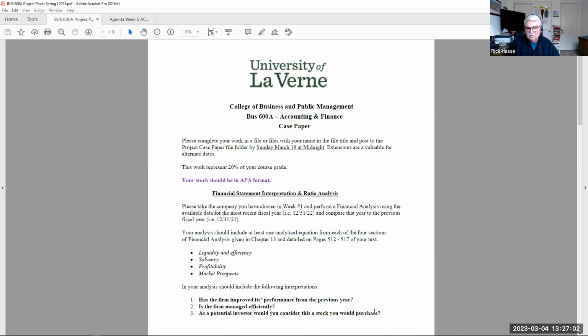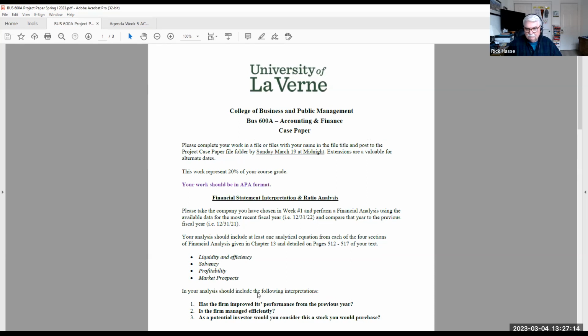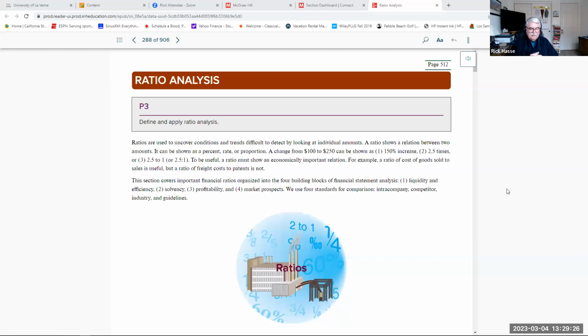Now let's take a look at what I am looking for in this one analytical equation for this analysis. As I indicated in the case paper, pages 512 to 517 are the sections on liquidity and efficiency, solvency, profitability, and market prospects.